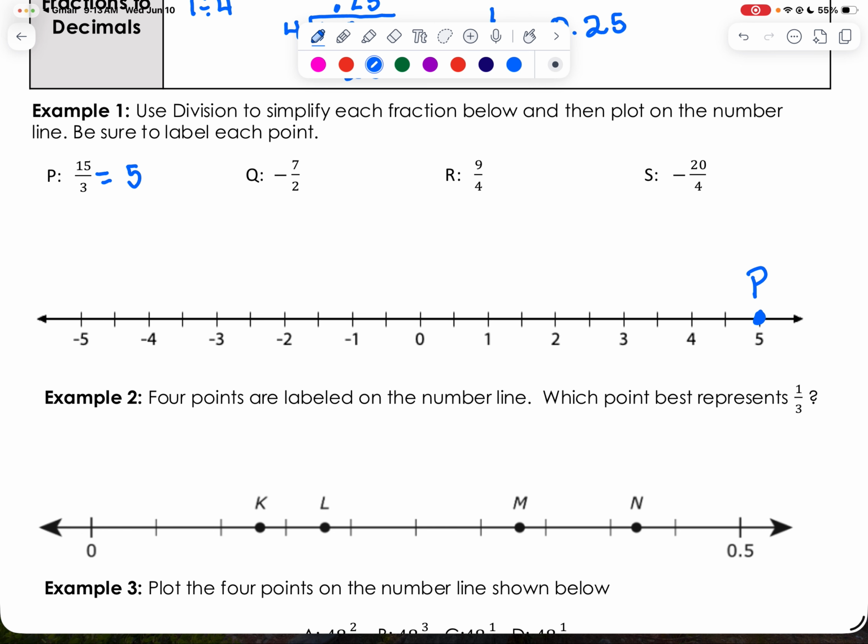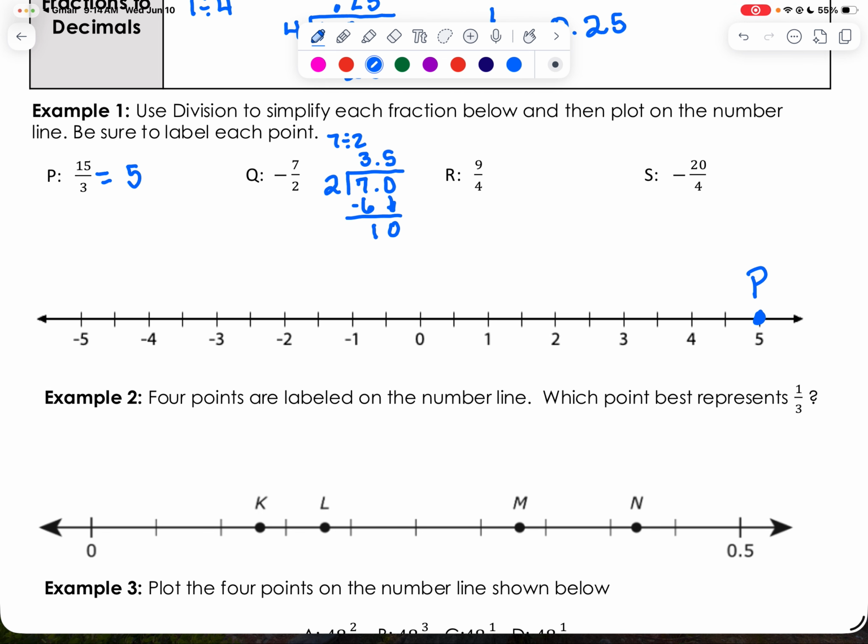When you're using long division, just ignore the negative for right now. 7 divided by 2: how many times will 2 go into 7? 2 goes into 7 3 times. 3 times 2 is 6. 7 minus 6 is 1. Now 2 will not go into 1, so I'm going to add a 0 here and drop it down. And 2 will go into 10 5 times. And then don't forget the decimal right there.